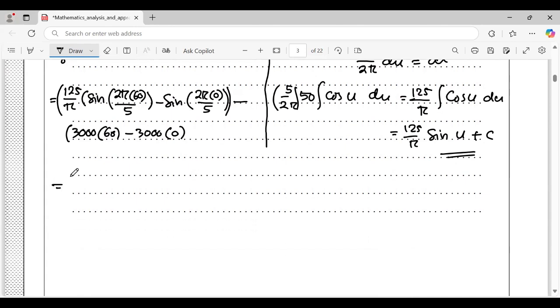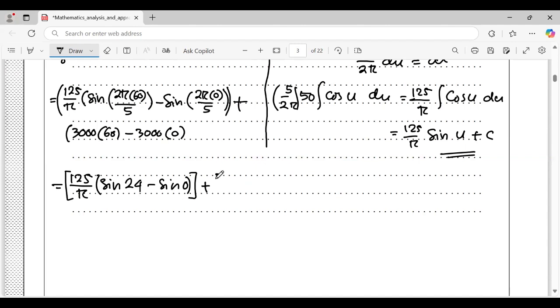So it's going to be 125 over pi times sine 24 minus sine 0. Minus, sorry, plus this one, actually plus 1, plus.